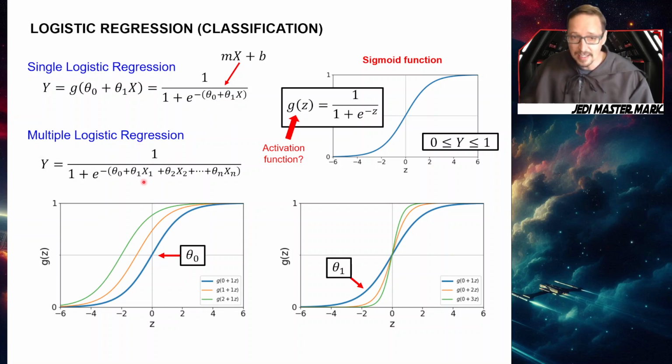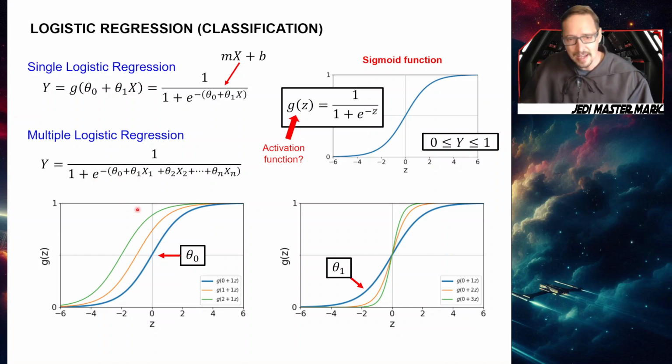In that case, if you have multiple input features like x1 and x2 and x3 all the way up to the nth x feature, you're going to have a theta value that's acting on that input feature for each one of those inputs. And this is all encompassed within that term that gets multiplied by -1, where the exponential is raised to that power, etc.